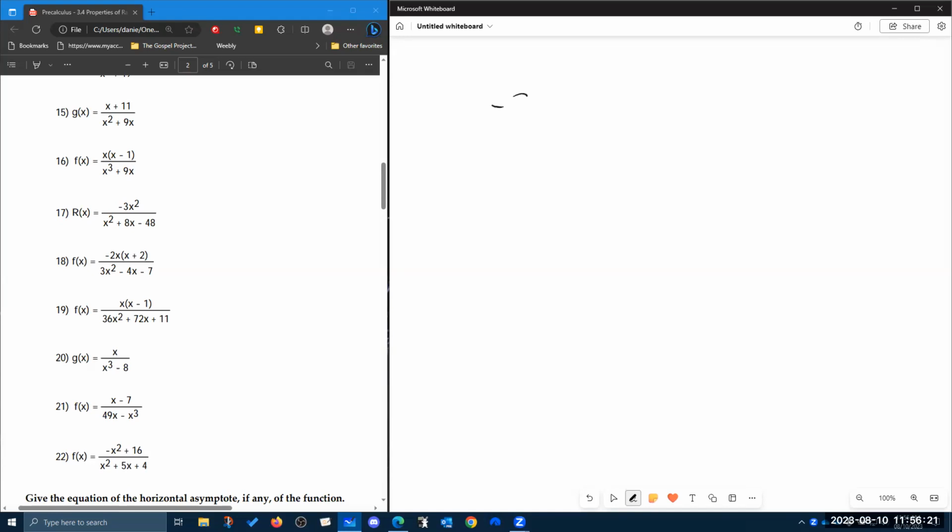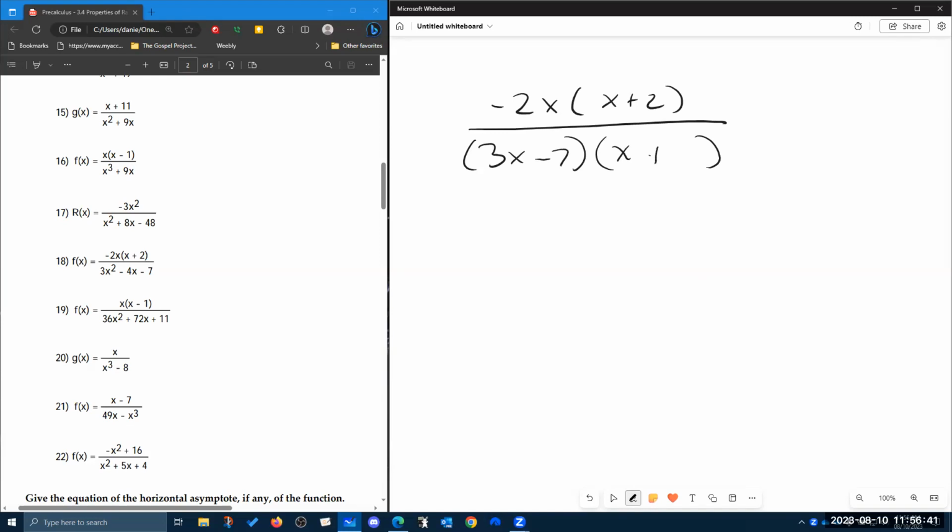Now let's look at number 18. We need a positive and a negative. And this is going to be a negative 7 and a positive 3.